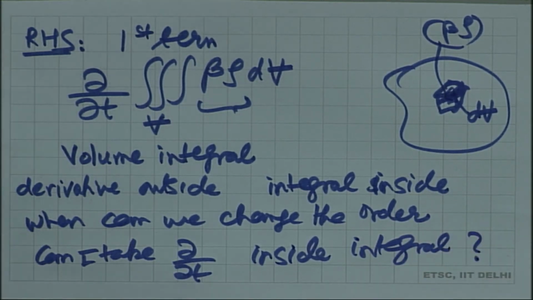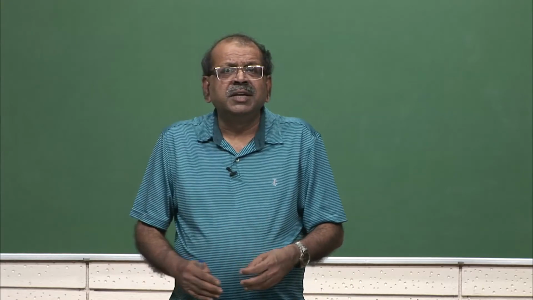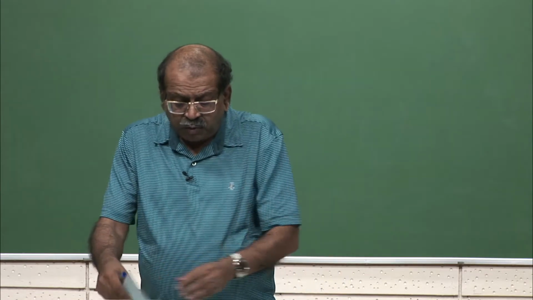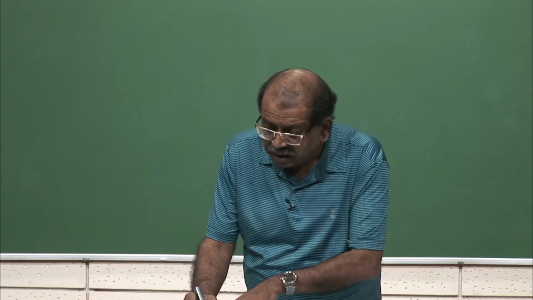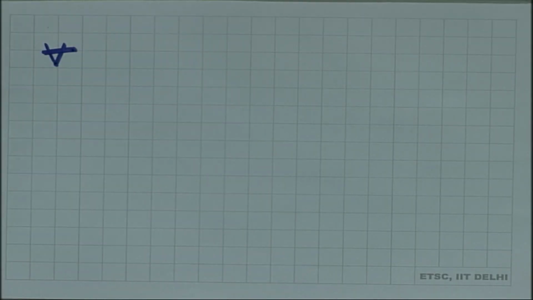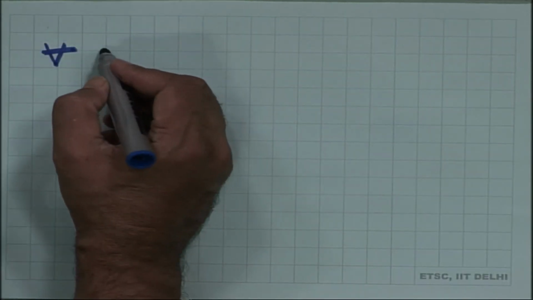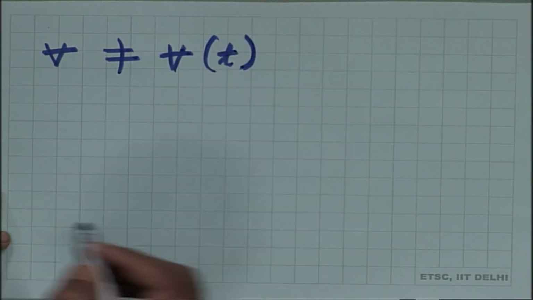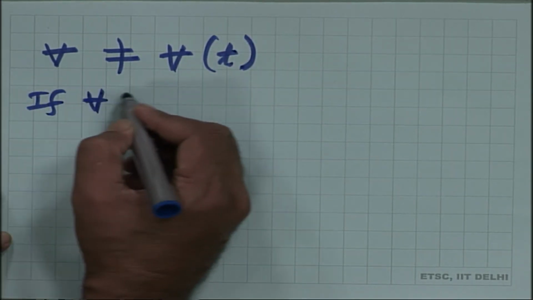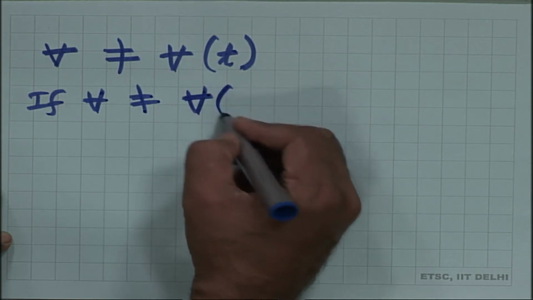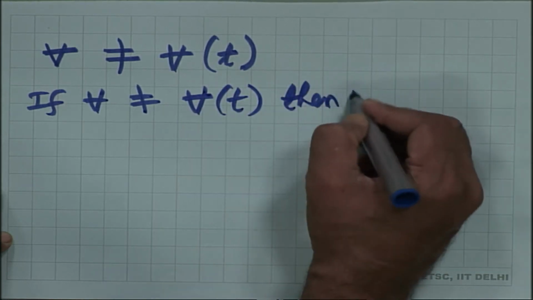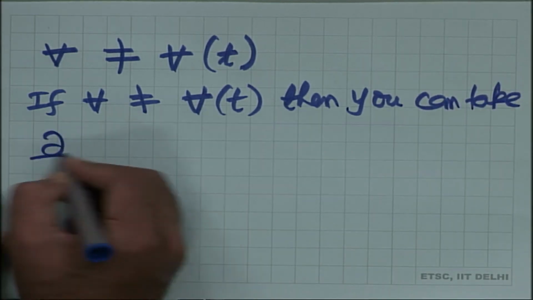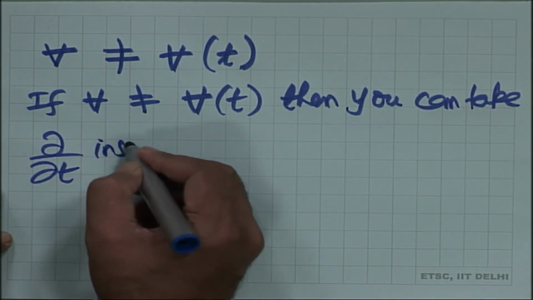Or rather the question should be, when can I take d by dt inside the integral? Now, if you want to take d by dt inside the integral, then this is a volume integral on V, and V should not be a function of time. If V is not a function of time, then you can take d by dt inside the integral.